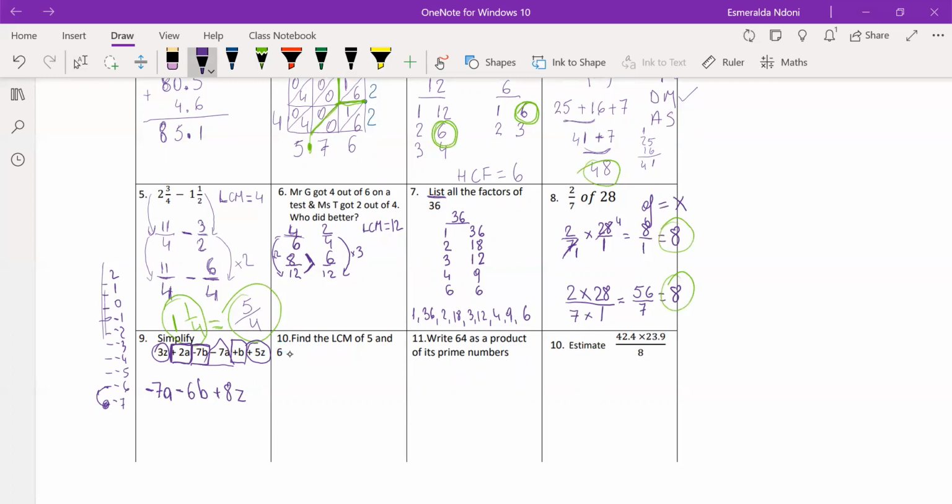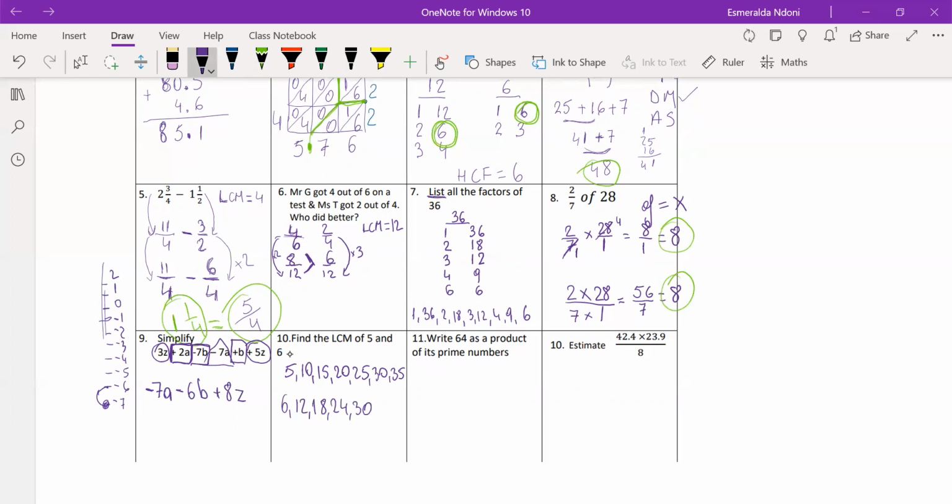Question 10. Find the LCM of 5 and 6. To find the LCM, we need to write the multiples first. So let's write the multiples of 5, the times tables: 5, 10, 15, 20, 25, 30, 35, and I leave it now to see what's going to happen with 6. 6, 12, I'm doing the multiples of 6, 18, 24, 30.